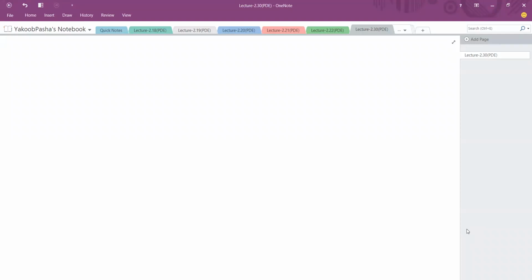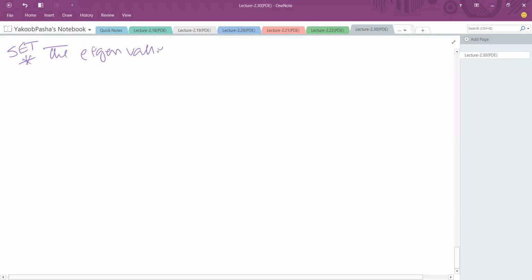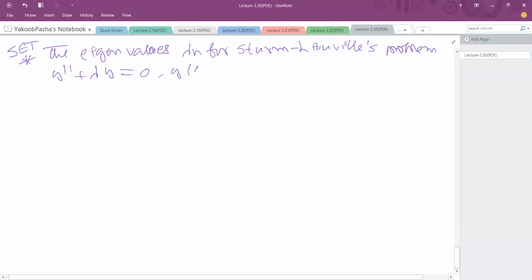The eigenvalues lambda n for the Sturm-Liouville problem: y double dash plus lambda y is equal to 0 with the boundary conditions y of 0 is equal to 0, y of pi by 2 is equal to 0.